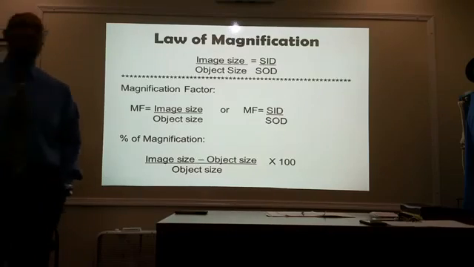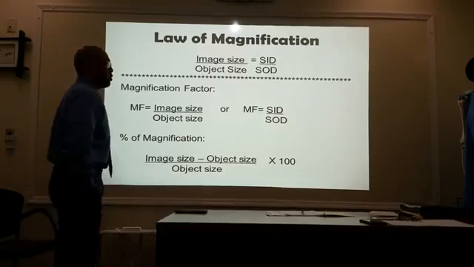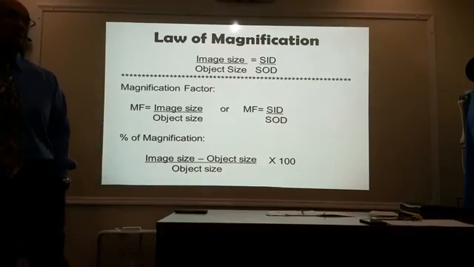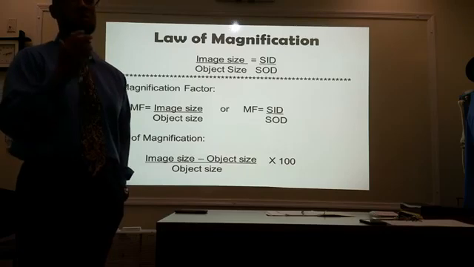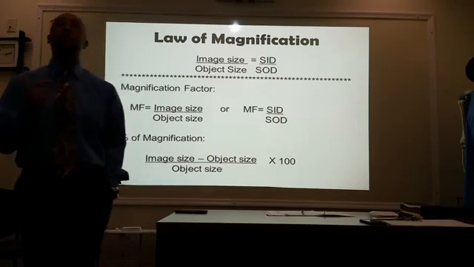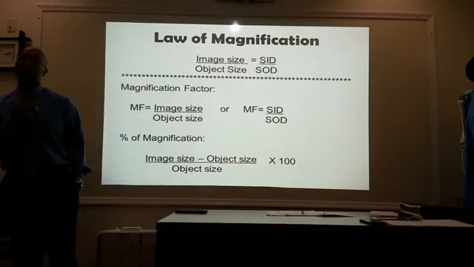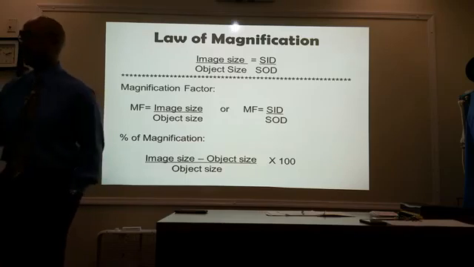So let's talk about the law of magnification. Again, we're trying to determine the true size of the object being X-rayed. We already know the true size of the object, but we need to determine the projected image, or the magnification caused by those variances in distances.